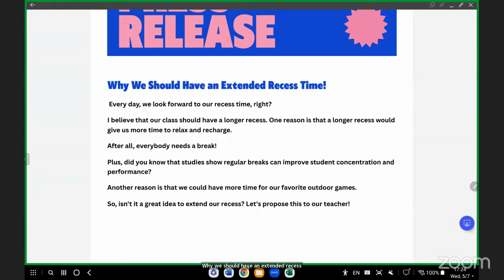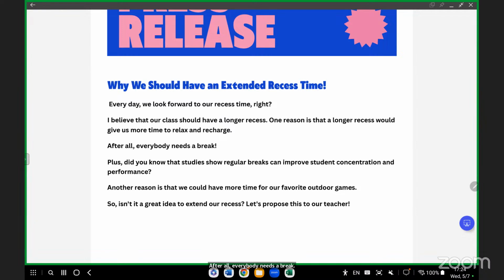Every day we look forward to our recess time, right? I believe that our class should have longer recess. One reason is that a longer recess would give us more time to relax and recharge. After all, everybody needs a break.